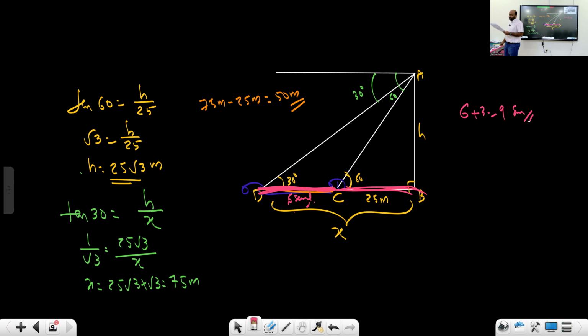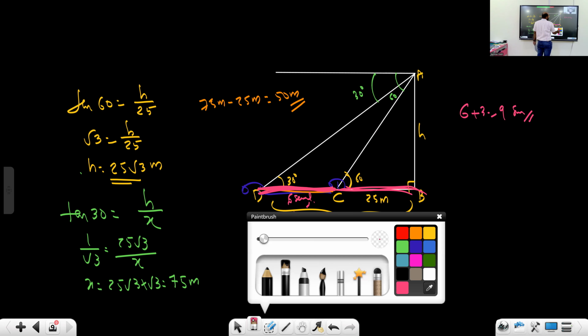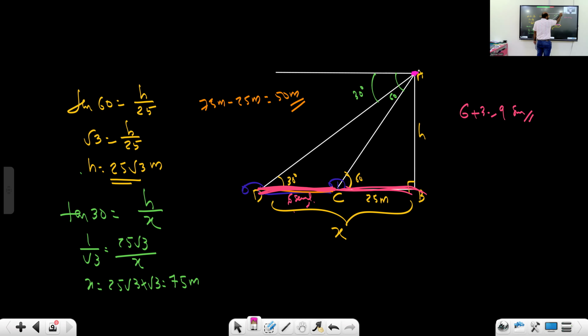What's the third question? Find the distance of the observer from the car when it makes 60 degree. Where is the observer? The observer is here, 60 degrees here. This distance they are asking. Which trigonometry ratio? Cos.